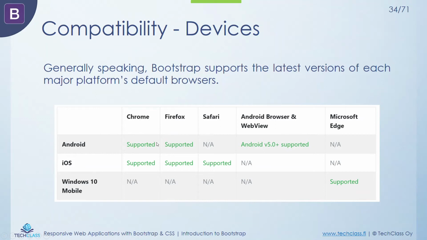You can see that if you use these browsers on these devices, Bootstrap supports all of them. So you don't need to worry about the support of Bootstrap on those devices and browsers.